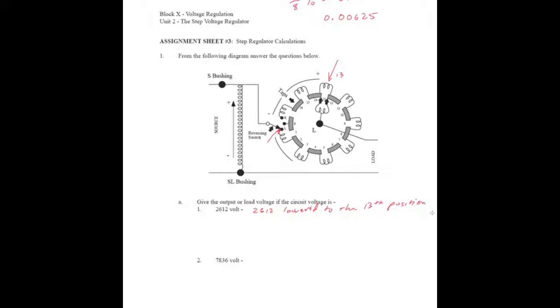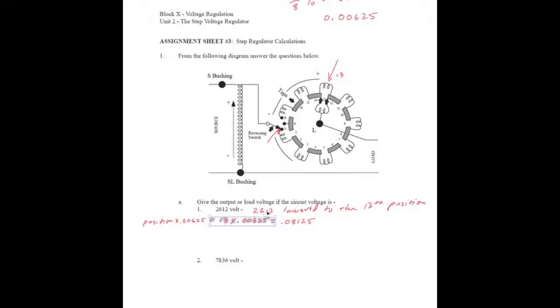We start out by multiplying the position times 0.00625, and that's going to be equal to 13 times 0.00625, and that's going to give us 0.08125.